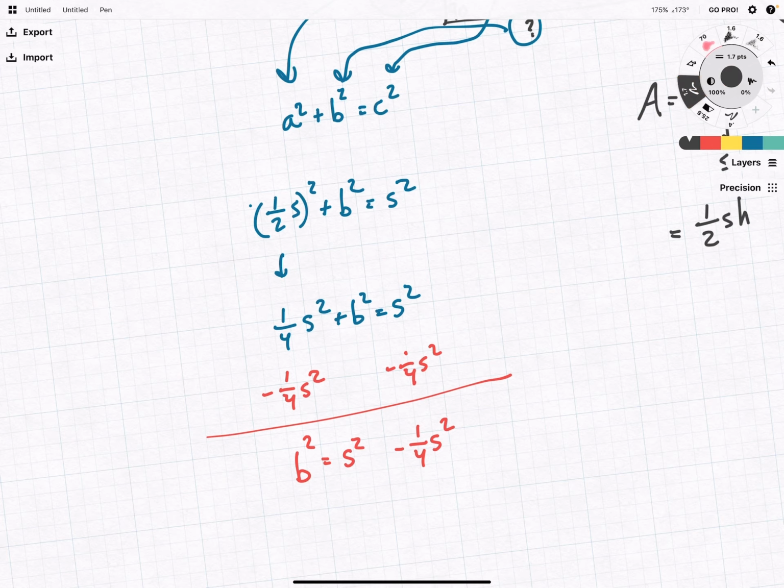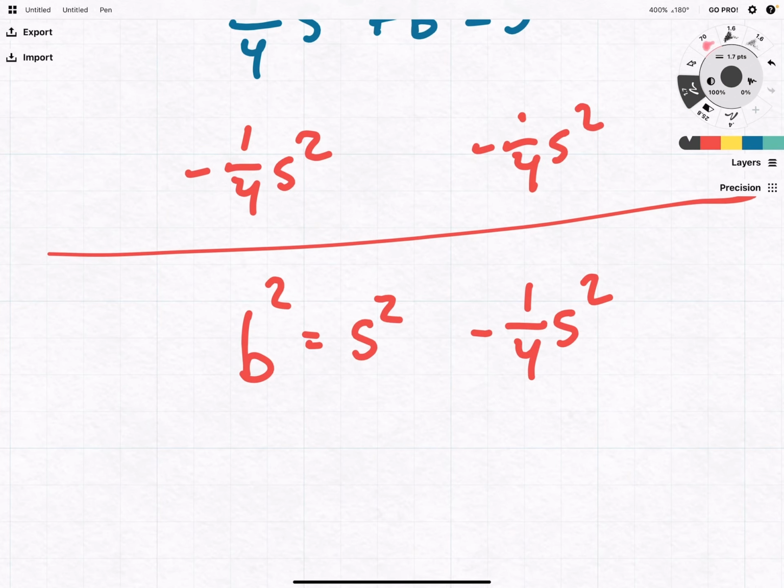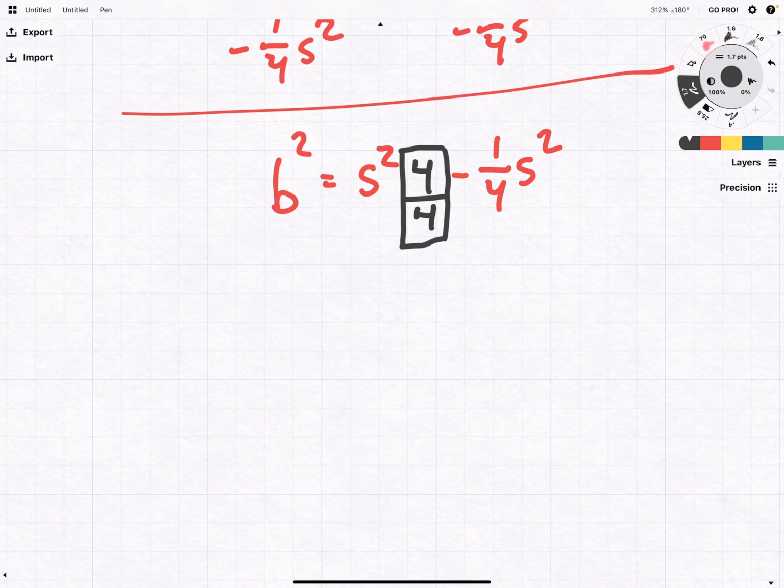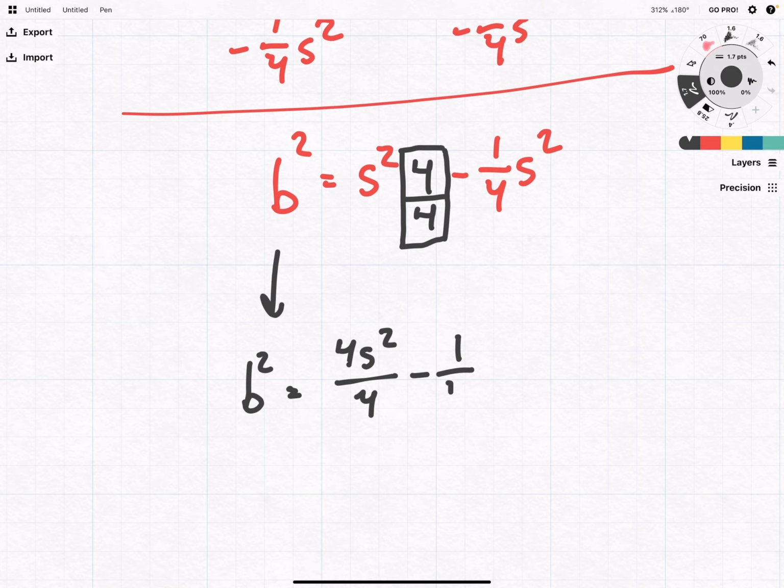To get a common denominator, we multiply this s squared by 4/4, because that's basically 1, just written as a fraction. So now we have b squared equals 4s squared over 4 minus 1 over 4 s squared.